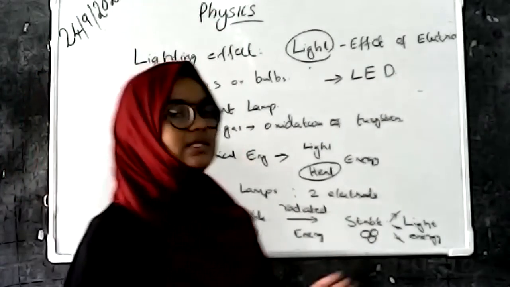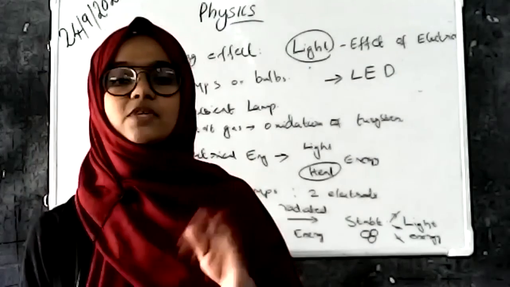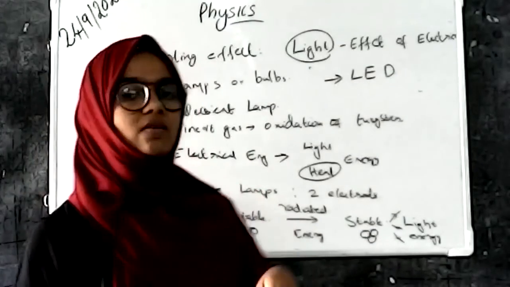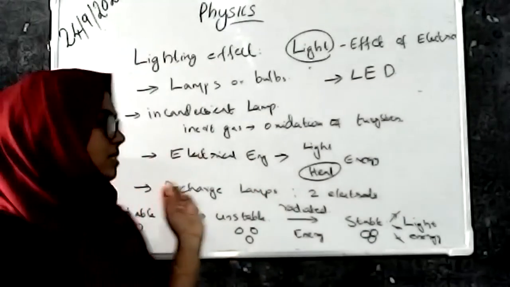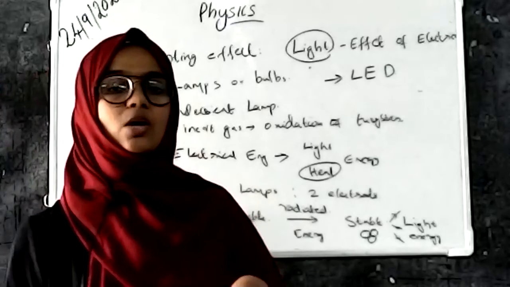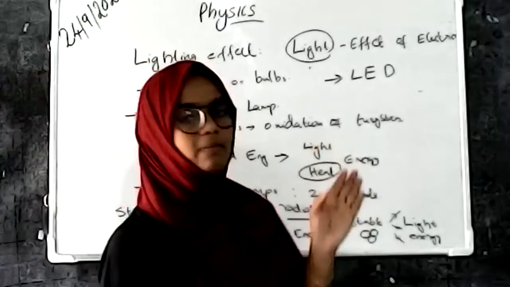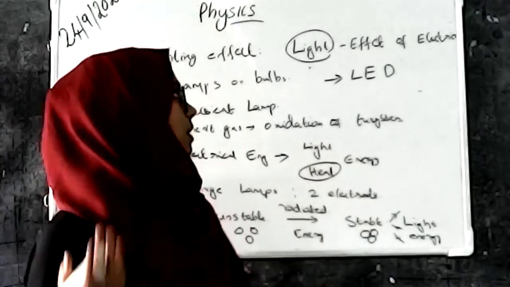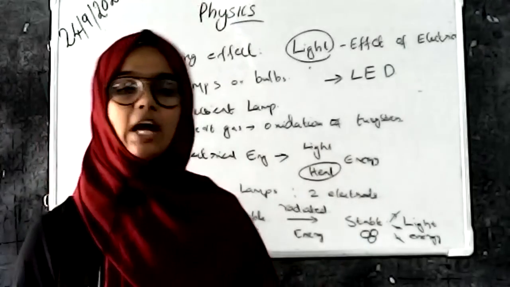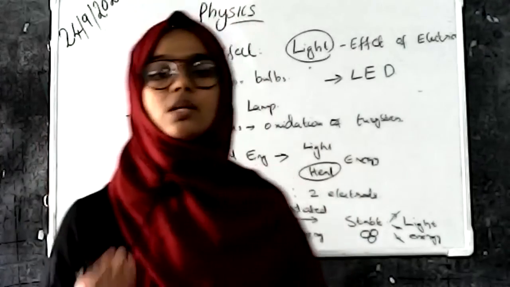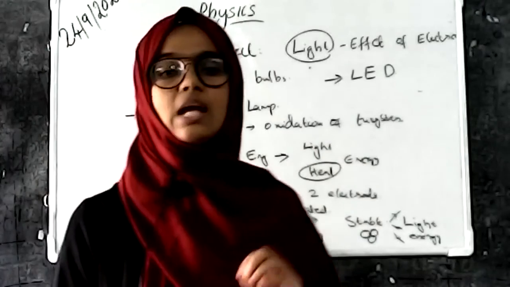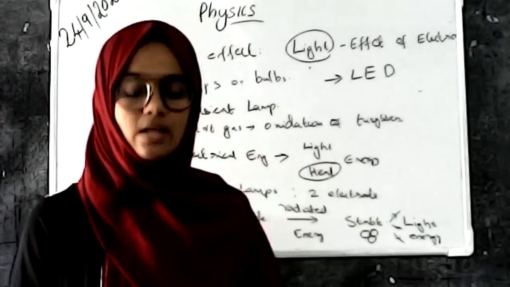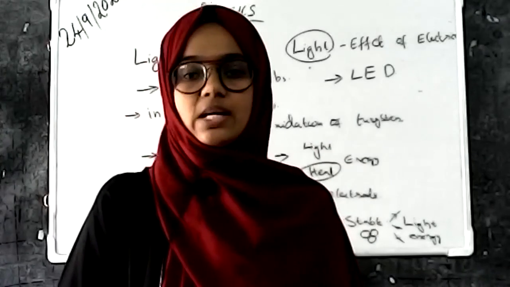They need very little electricity, and their efficiency is very high compared to incandescent and discharge lamps. So nowadays we mostly use LED bulbs, which come in different types, and the construction and the tools for making LED bulbs will be discussed in detail in our next class.